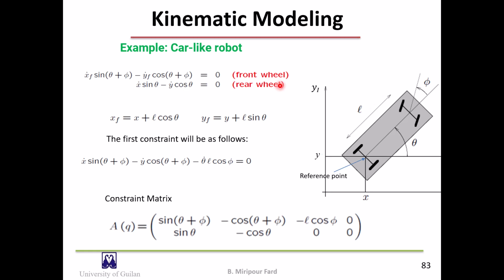For the rear wheel, we can simply write x dot times sine of theta minus y dot times cosine of theta equals 0.